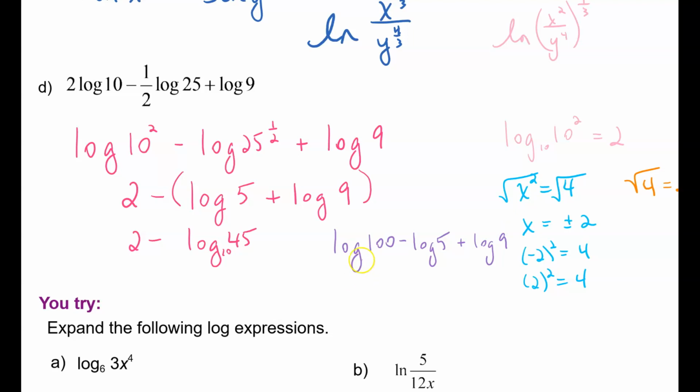And then combining the ones with the plus in the front would go to the numerator. So we would have log of 100 over 5 here, and then the 9 would be in the numerator also because it has a positive in the front. And then if we simplify this, we're going to end up with 20 here, which turns into log of 180.